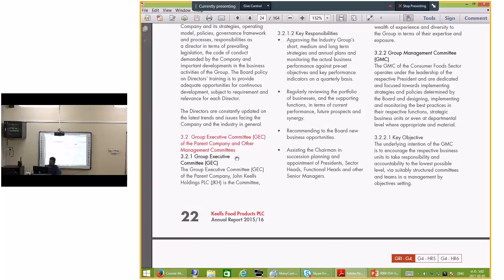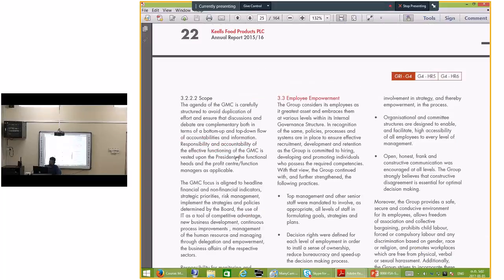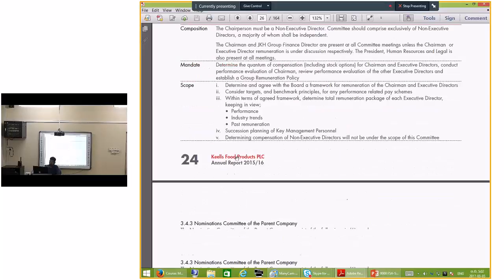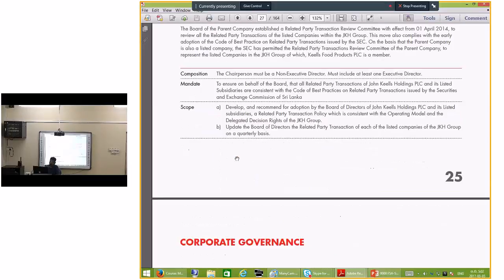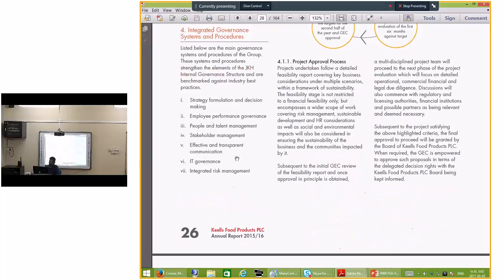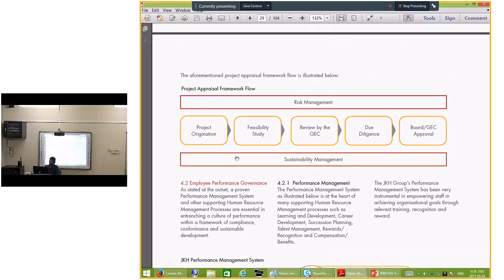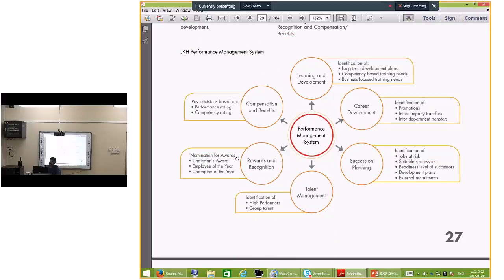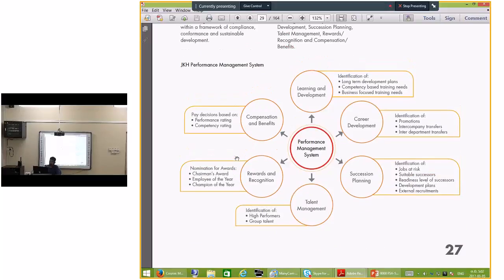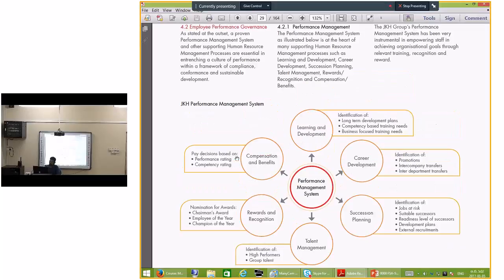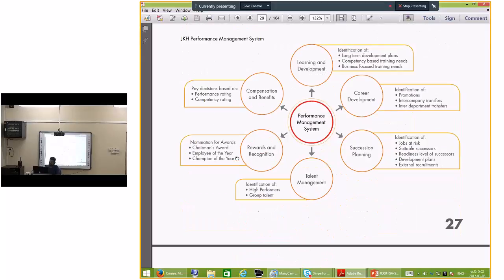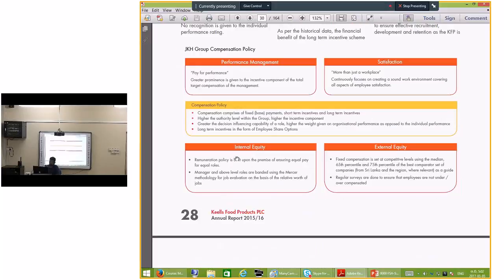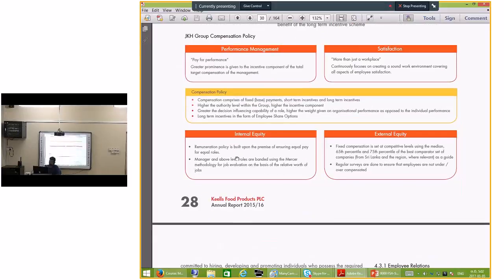Those are the details under this financial statement, right? Again corporate governance details. There are a number of pages on this matter, corporate governance. Here performance management system. Here you can see a clear picture on that performance management and governance.